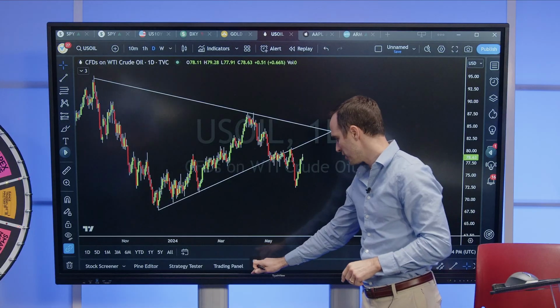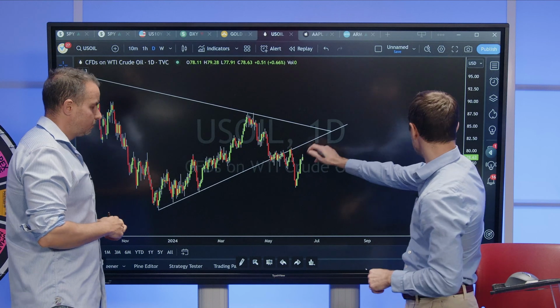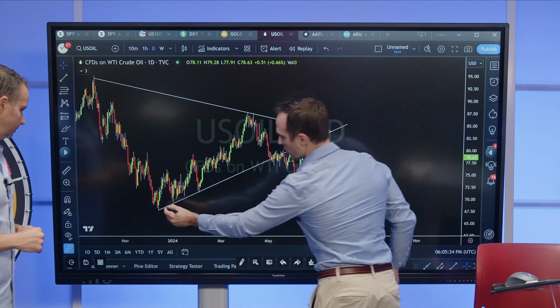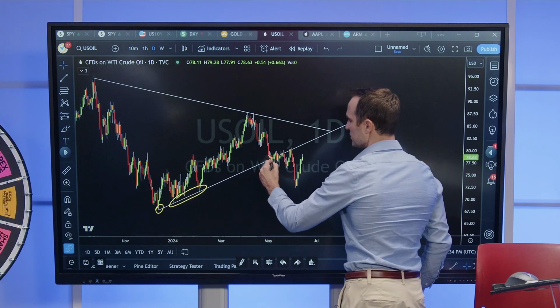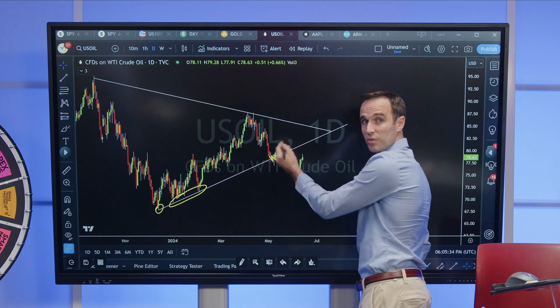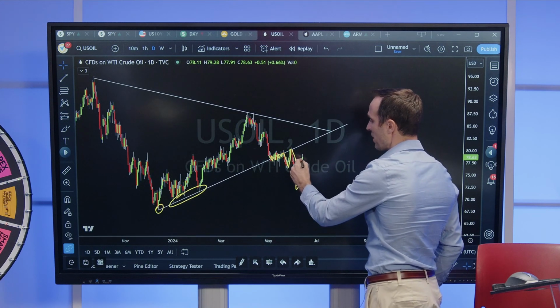Hey, listen, let's see, what do you got over here on oil? Yeah, so here's oil, and again, here's another wedge pattern, right? So you have oil chopping around here around $80, $78. You can see that it hit this lower trend line several times here, right? Kind of stuttered on this line, broke down, retested that line, broke down significantly, and then now is coming back up, right?